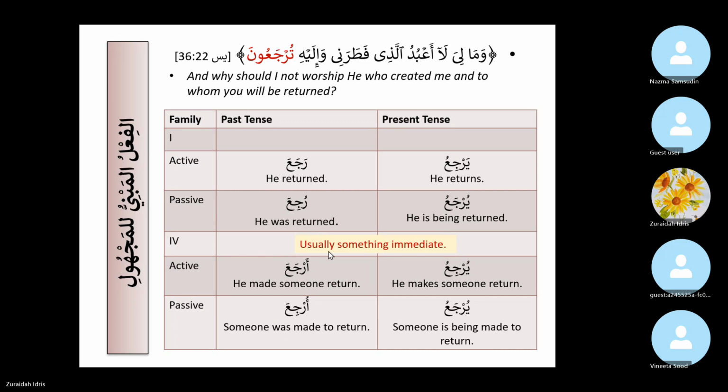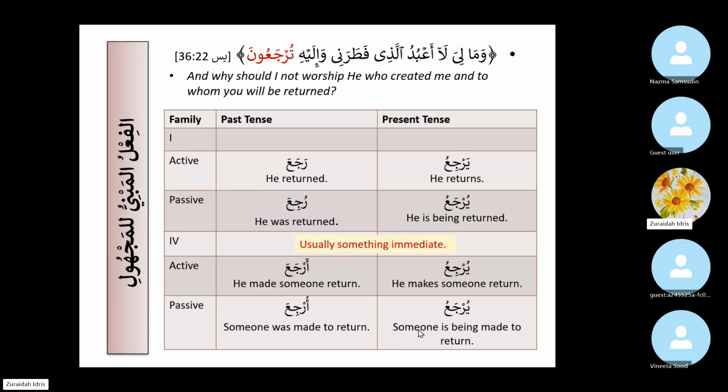Because family 4 means something immediate. That's what anzala means. The Quran came in one go to the level in the heavens that we know. So this is something usually immediate, whereas this one takes time. So we just go back to the original mujarrad meaning. We don't have to use the 4.